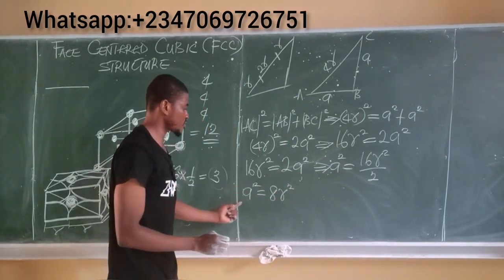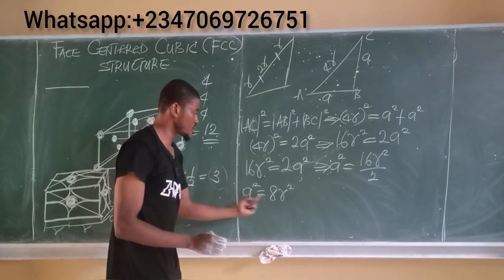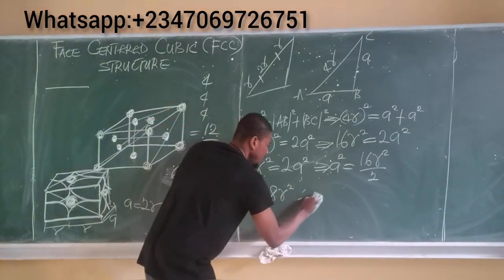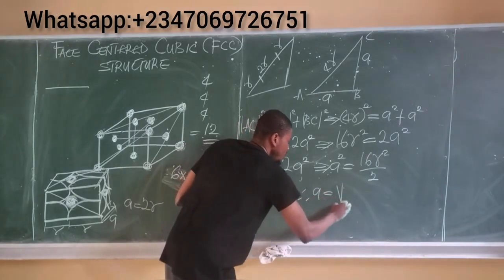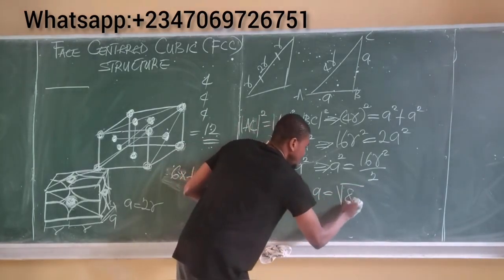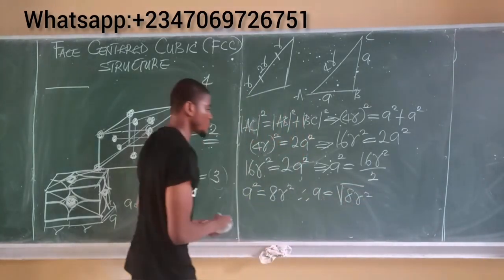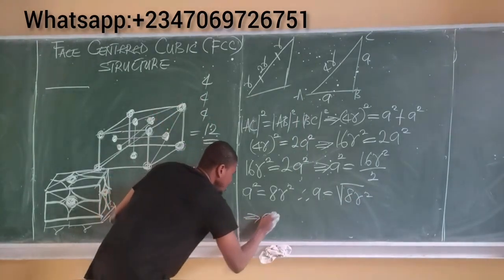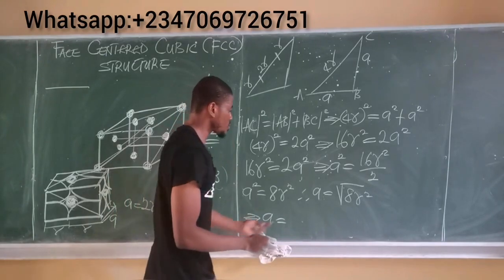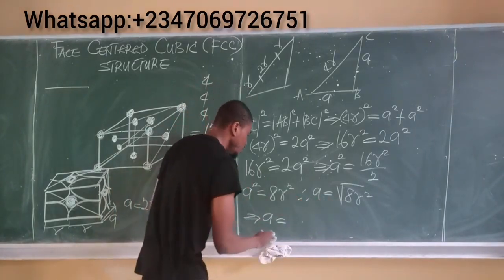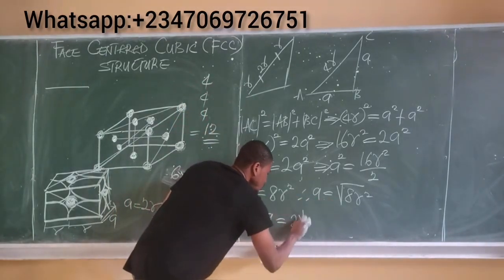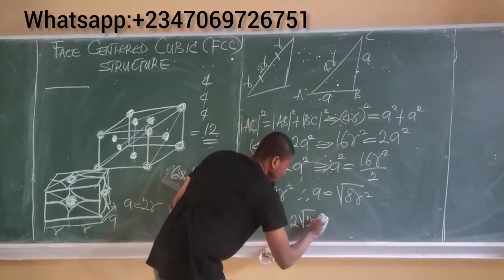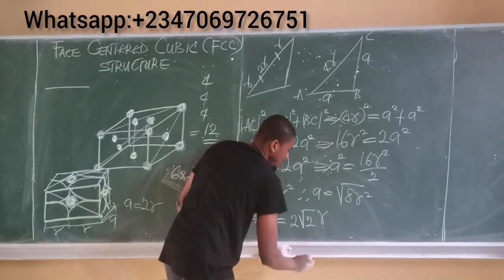But I want to make A the subject. All I do now is simply take the square root of both sides. Therefore, A becomes the square root of 8r squared. The square root of 8 is simply going to be 2 root 2, and of course the square root of r squared will simply give me r.